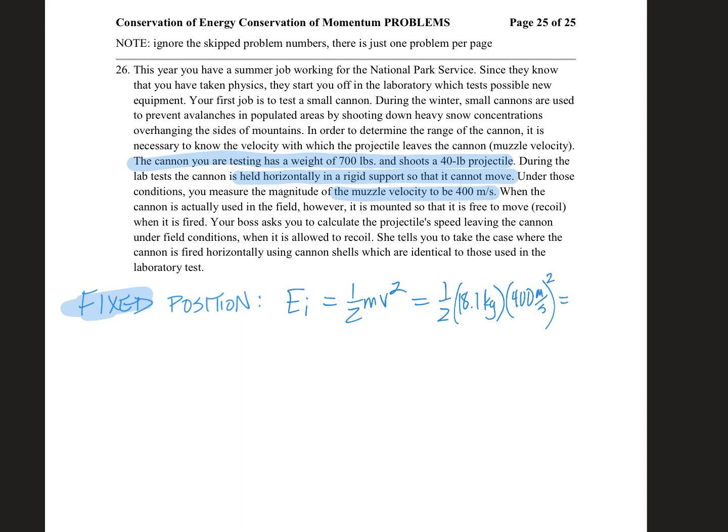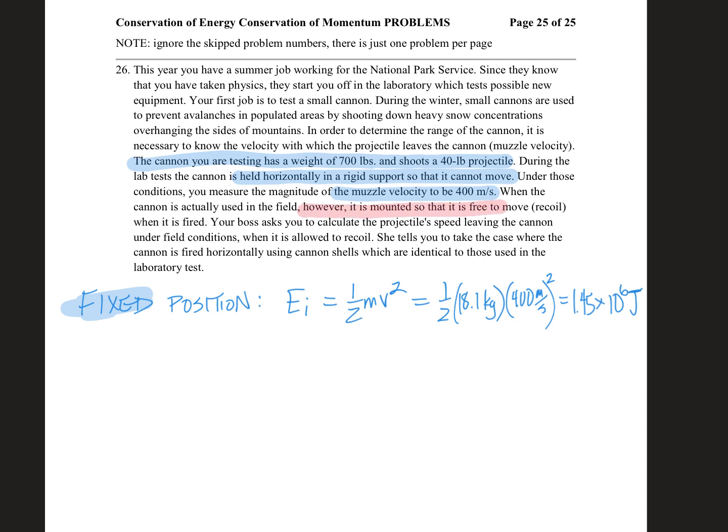And so what we get is 1.45 million joules. Okay, we're going to have to get used to joules as a unit of energy. And so the fixed position situation allows me to compute basically the energy of the explosion. And that's going to be an important piece of this puzzle, not an obvious piece.